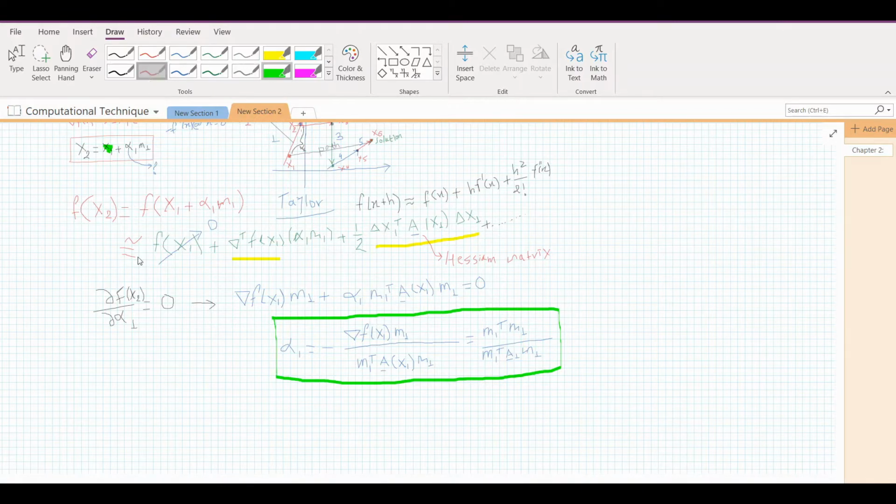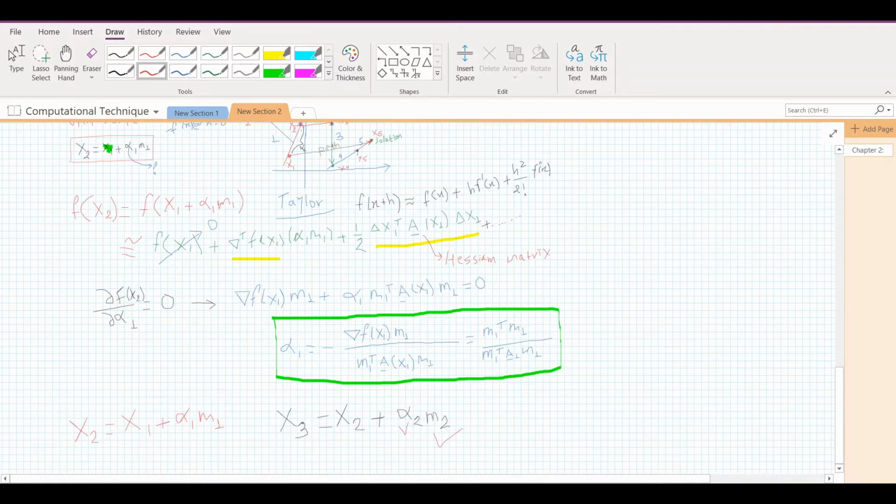Therefore, you can have your second point now, which is x2, which will be equal to x1 plus alpha 1 m1. In the next step, you will form x3, which will be equal to x2 plus alpha 2 m2, where you have to repeat the same procedure here to find your alpha 2 m2.